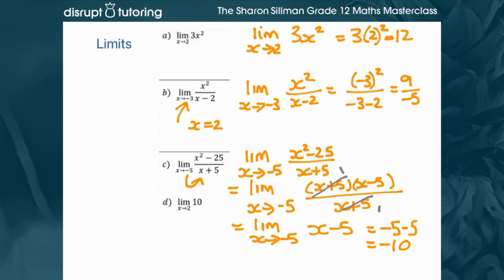So notice it's really important that until you actually substitute whatever you're tending towards into the function, you can't leave out what the limit is going to be. That stays in part of your working. So the limit as x tends to negative 5 in that function would be negative 10.